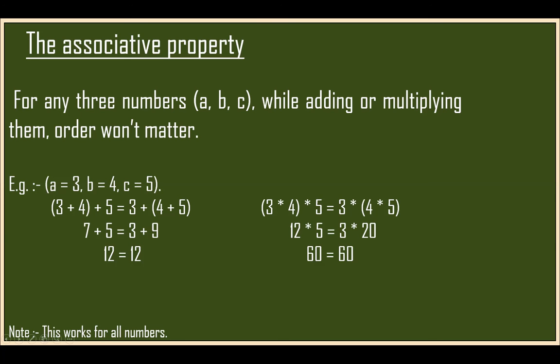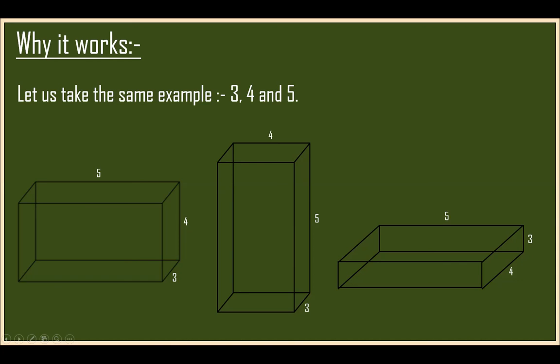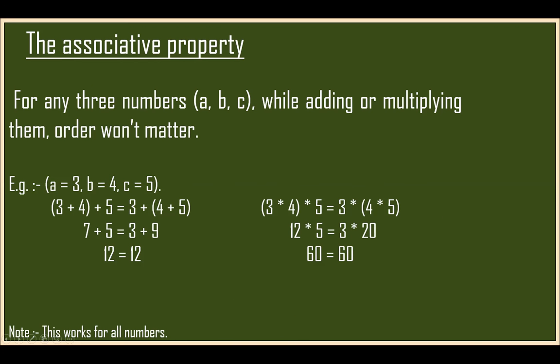Let us say we add 3 plus 4 first. So 3 plus 4 is 7, and then 5 remains. On the right hand side, we add 4 plus 5 first, so 9 will be here and 3 will remain. How much is 7 plus 5? 12. 3 plus 9? Also 12. Let's see multiplication. 3 times 4 is 12, and then 5 remains.